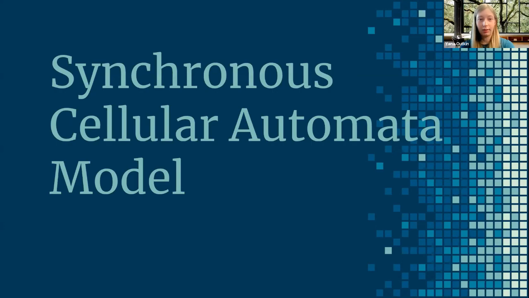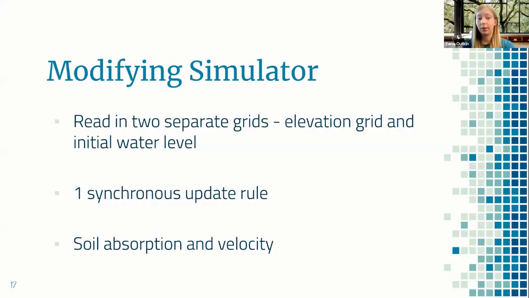Okay, so when I was modifying the simulator, I first read in two separate grids, one for the elevation values and one for the water levels. And then I created one synchronous update rule rather than having thousands of chemical equations. So the update rule performs numerical calculations on the water level of each cell given the 6 neighbors' heights and water levels.